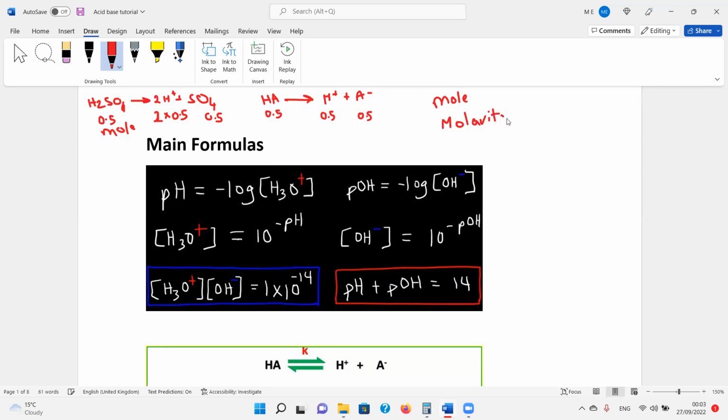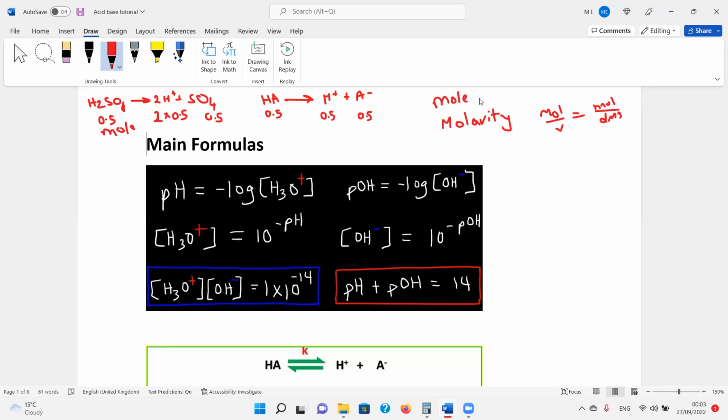If you are given the molarity, that is the number of moles in a volume, generally moles over the volume in decimeter cube, or liter, if you like.